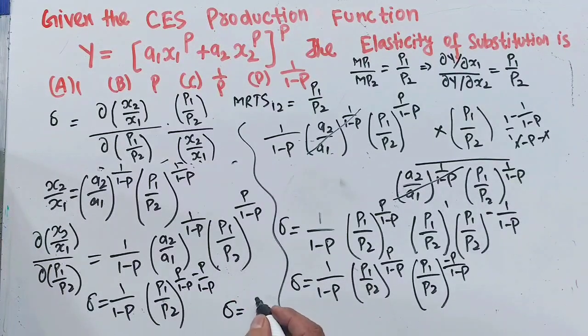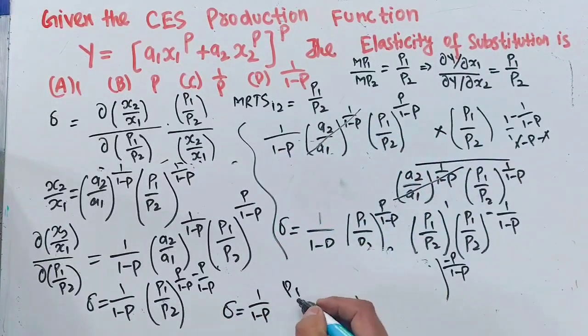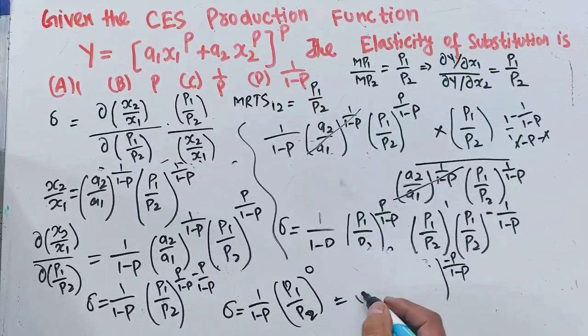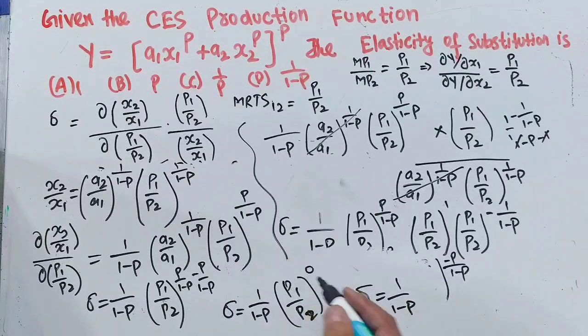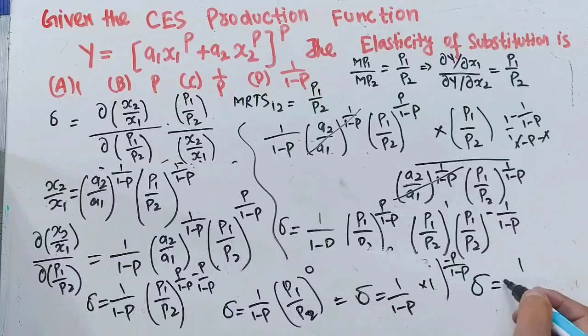So we have 1 divided by 1 minus p times p1 upon p2 raised to the power 0, so we get elasticity equal to 1 divided by 1 minus p. Anything raised to the power 0 is 1, so elasticity of substitution will be equal to 1 divided by 1 minus p. I have explained how to derive it here.